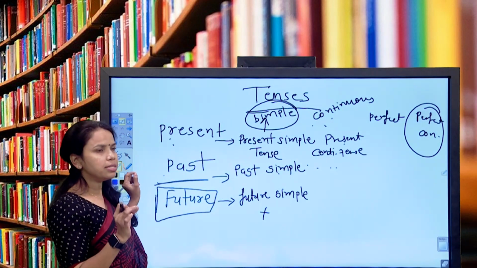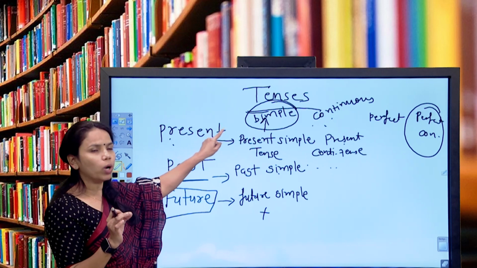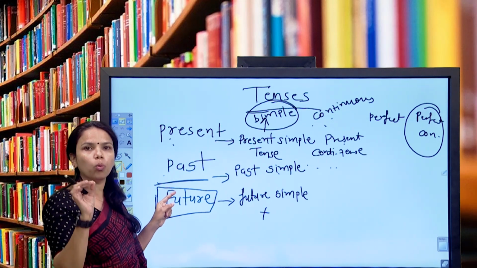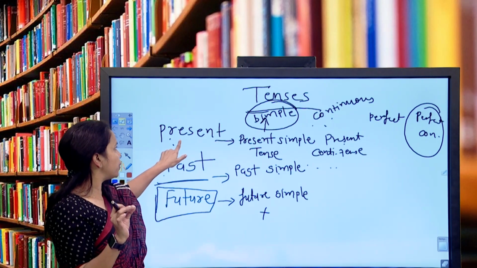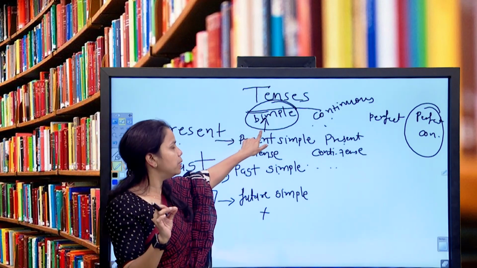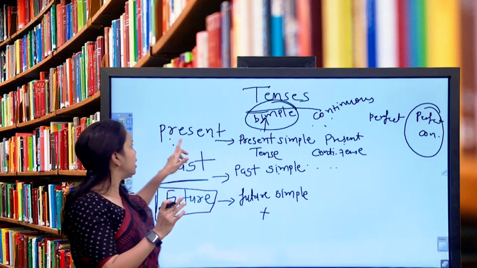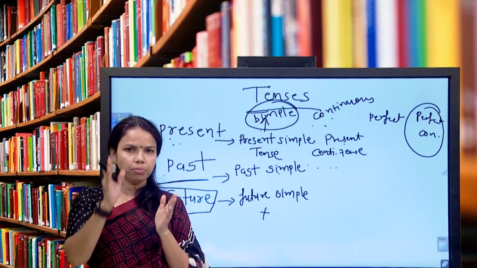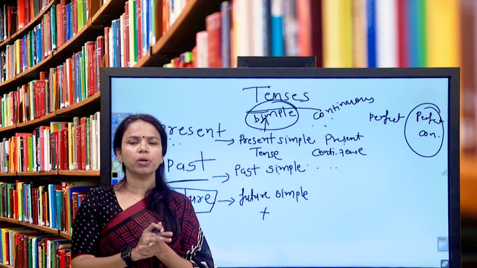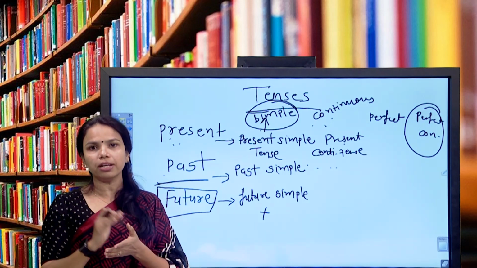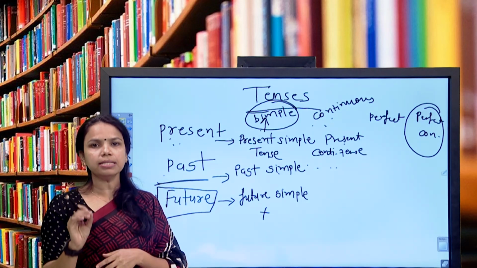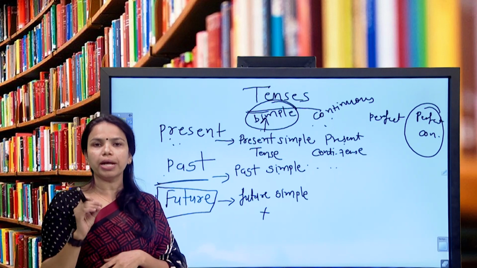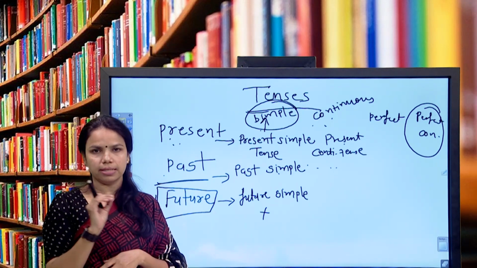In a very simple manner, one time and one aspect combine to make one tense. So present time and simple aspect combine to make the present simple tense. From this formula, if anyone asks you to name the 12 tenses of English grammar, you can easily identify and name all of them.